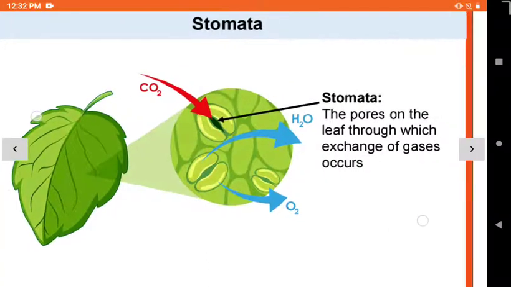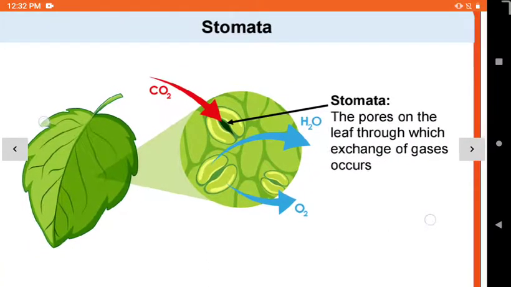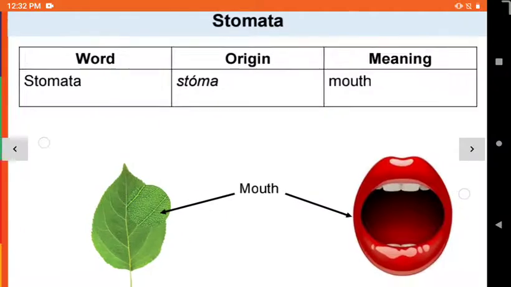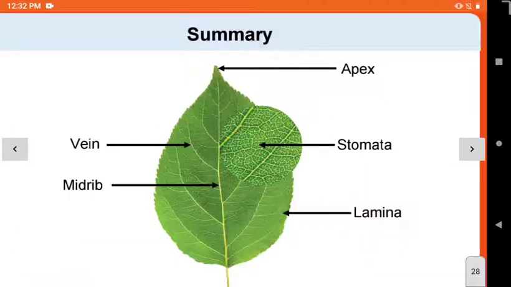You can see in picture the pores on the leaf, we call stomata. So stomata means mouth. Students, these are the parts: apex, stomata, lamina, vein, midrib.